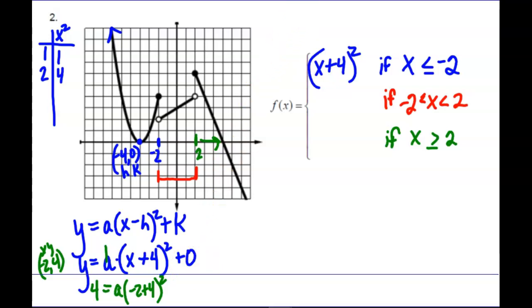All right, someone help me with the red. The red's not bad. What is the slope doing? Up 1 over 2. The slope of the red one in here is up 1 and over 2. And we already know the y-intercept. The y-intercept, it's crossing at positive 3, isn't it?